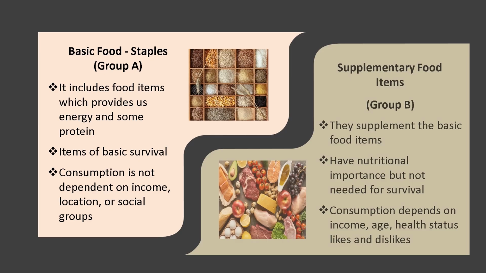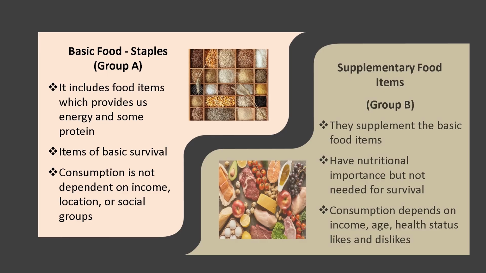They provide us only energy and some protein. They do not provide us with any vitamins or minerals. Therefore, they are the items for our basic survival. And the consumption of these staples is not dependent on our income, the place where we stay, or any social group. So this is independent of all three things.